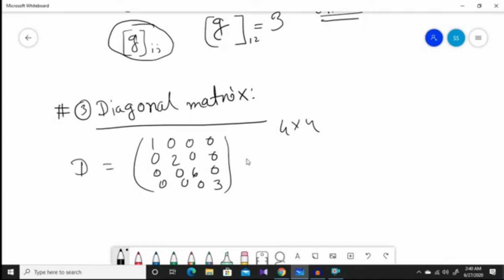You can see that on the principal diagonal there are non-zero elements, but the rest of the elements are 0. So this form of a matrix is called a diagonal matrix.